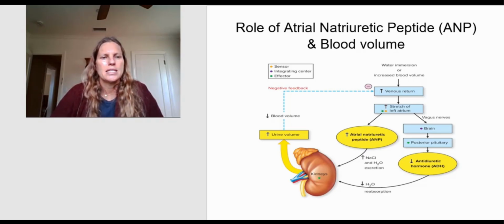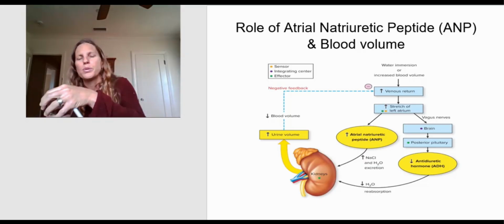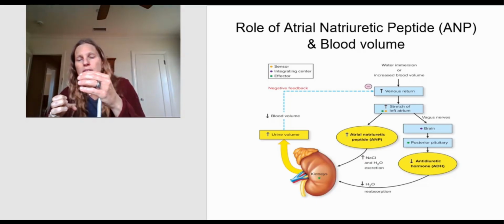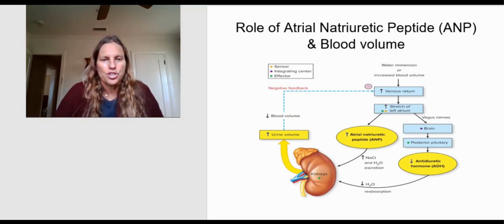So it's produced by the atria of the heart when stretch is detected by a high volume of blood returning to the heart, so an increase in venous return, essentially.